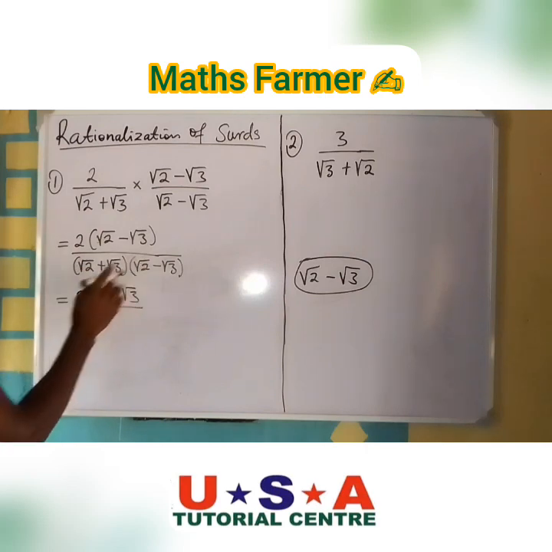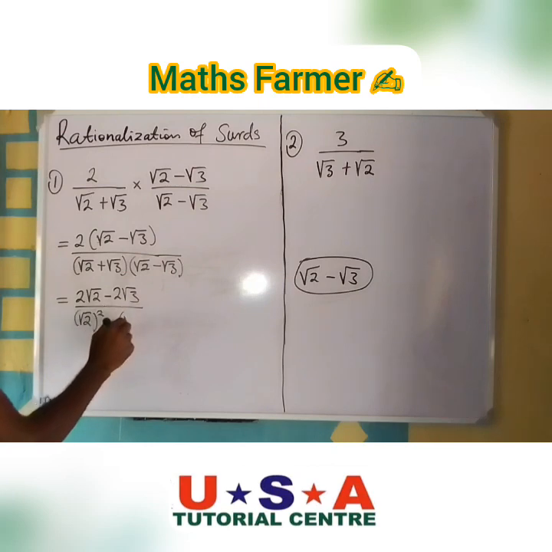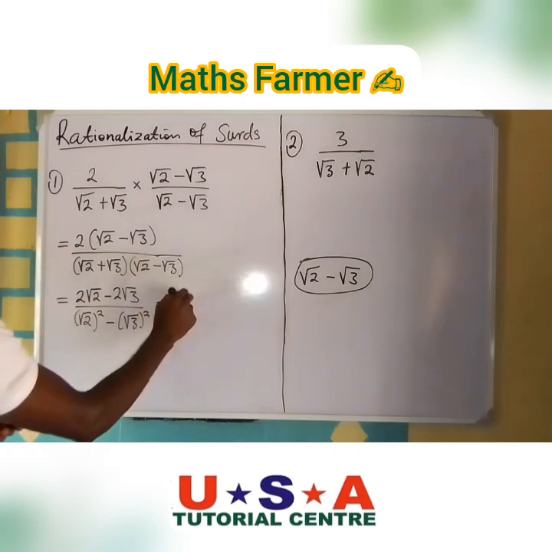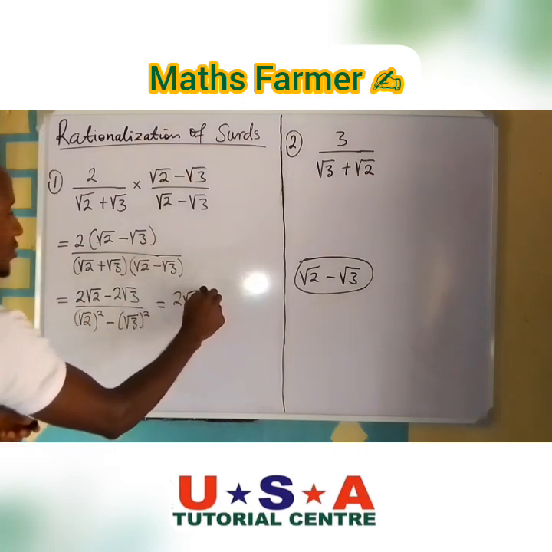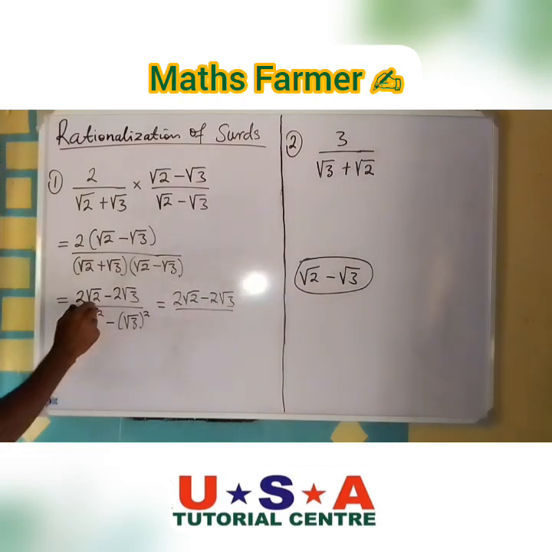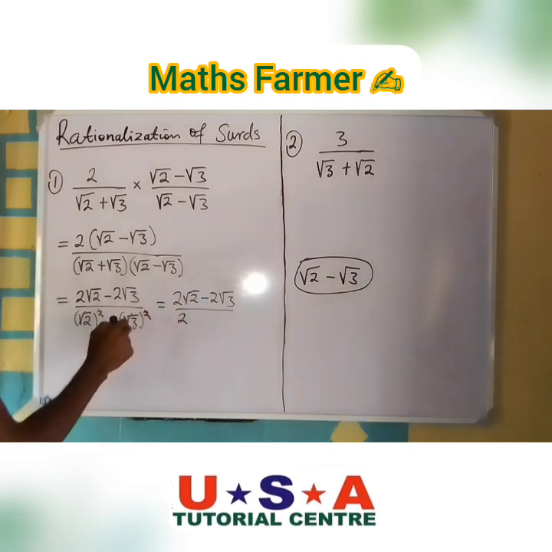Root 2 times root 2 gives root 2 squared, minus root 3 times root 3, which is minus root 3 squared. So the numerator gives us 2 root 2 minus 2 root 3, all divided by root 2 squared minus root 3 squared. In mathematics, square and square root cancel out.